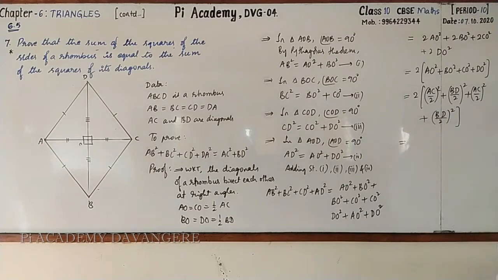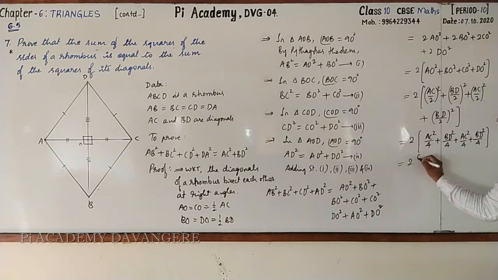This is equal to, now 2 times, look here, AC by 2 whole square can be written as AC square by 4 plus BD square by 4 plus AC square by 4 plus BD square by 4.